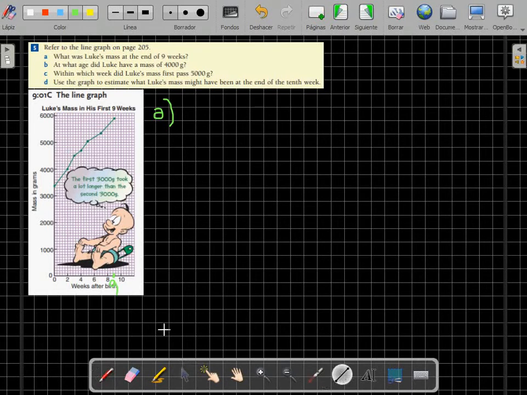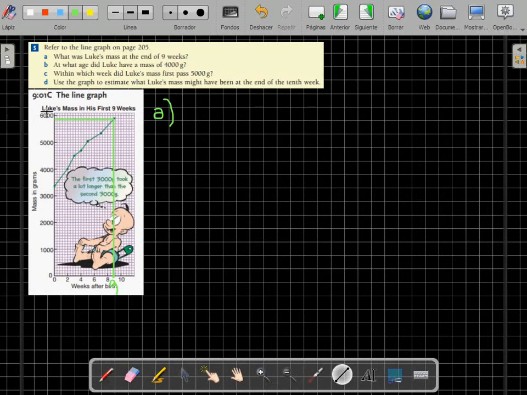We're going to draw a straight, vertical line from the 9 weeks until we reach the line graph. And from here, I'm going to draw a horizontal line until I get to the y-axis.